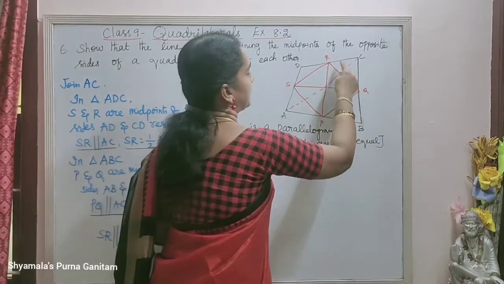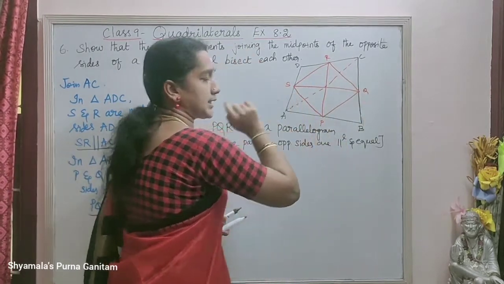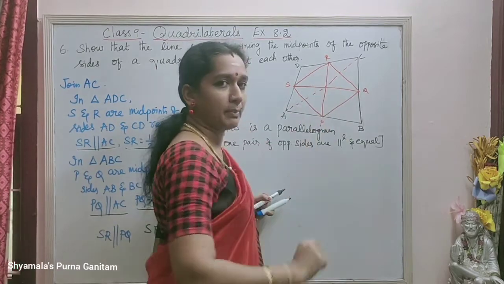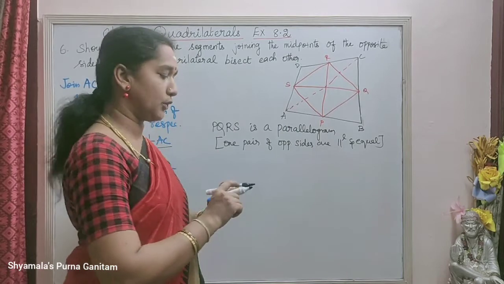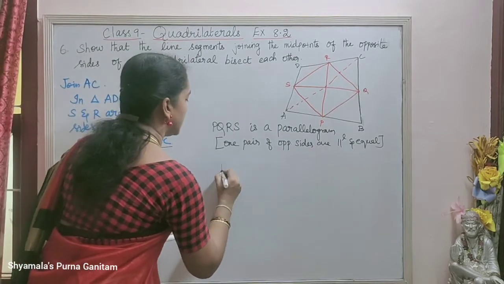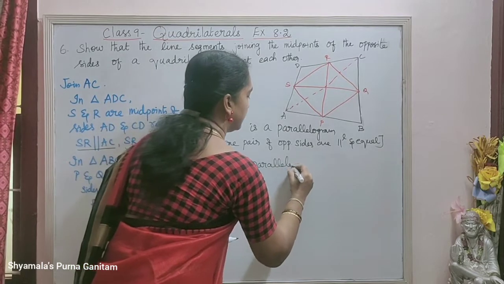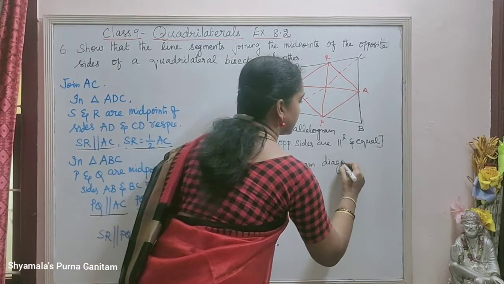If we take PQRS as a parallelogram, PR and QS are the diagonals. So the diagonals of the parallelogram bisect each other. That is the property of the parallelogram.